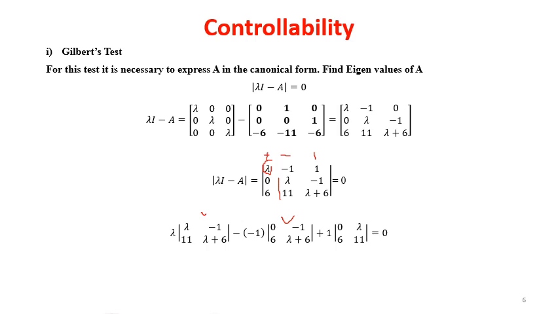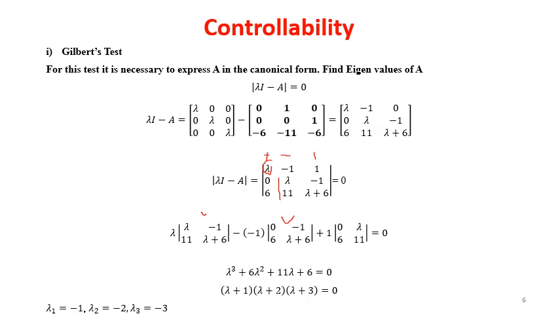Next we find the determinant of each of these. What we get here is lambda cubed plus 6 lambda squared plus 11 lambda plus 6 equal to 0. When we factorize this, the factors are lambda plus 1, lambda plus 2, lambda plus 3 equal to 0.